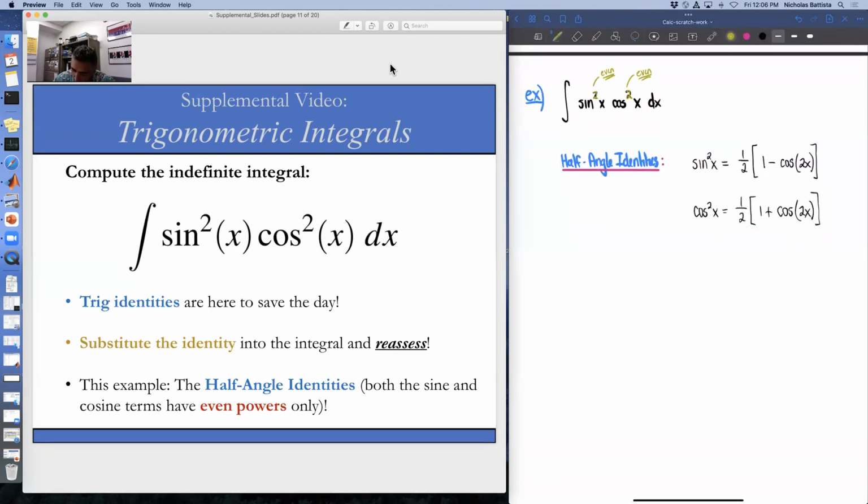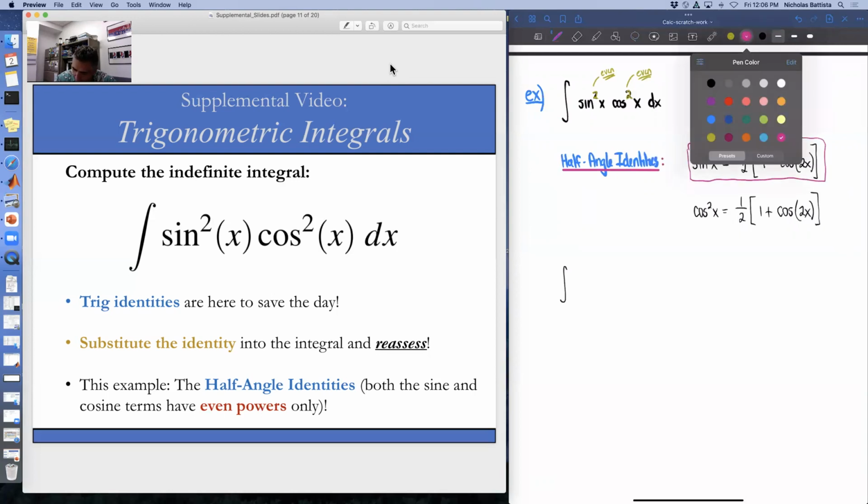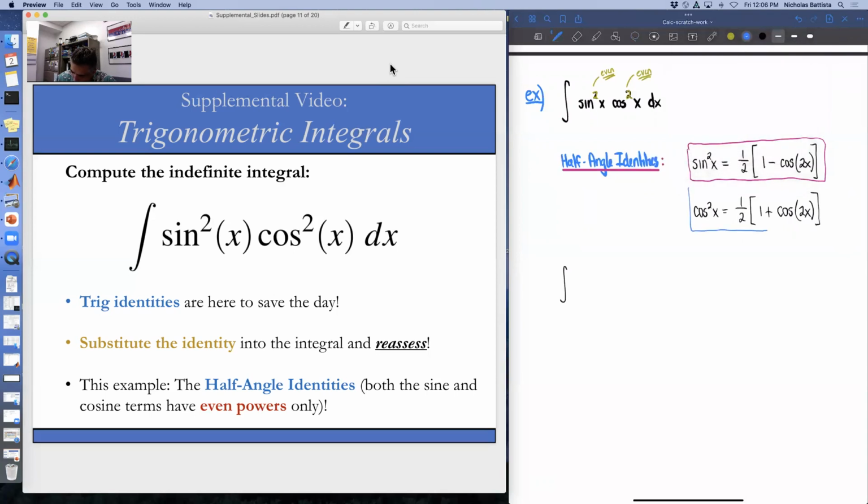So in this example, we're going to first substitute in for sine squared of x using that half-angle identity, and then next we're going to substitute in for that cosine squared term. So substituting in for the sine squared from the half-angle identity, we get 1/2 times 1 minus cosine of 2x.